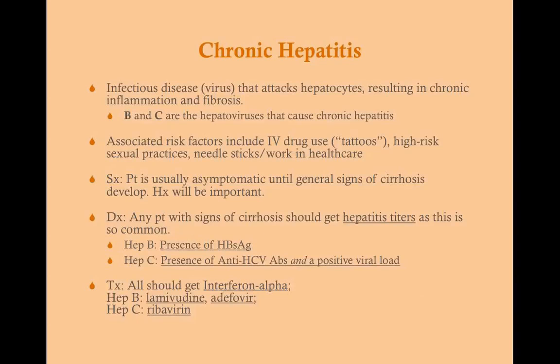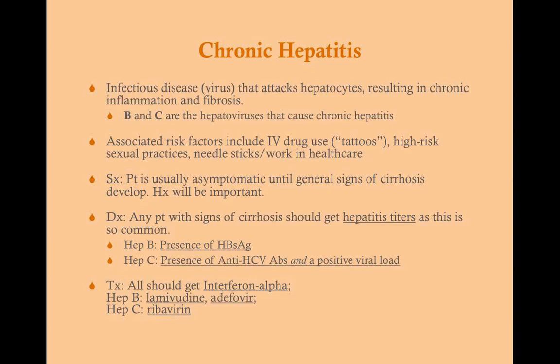So chronic hepatitis is an infectious disease caused by a virus that attacks the hepatocytes directly. This is going to result in acute inflammation, which eventually is going to become chronic because this occurs over a long period of time, and this will eventually result in the laying down of fibrotic tissue, and so that's cirrhosis.